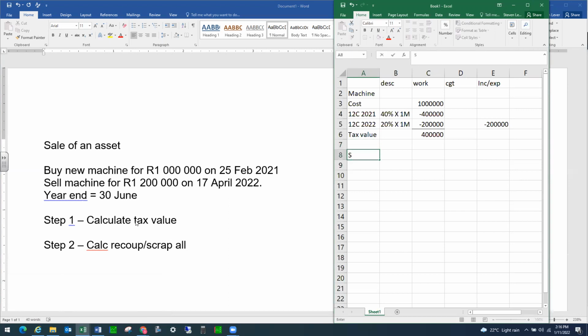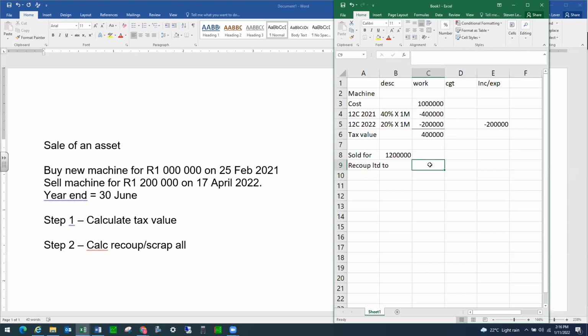Now, sold for 1.2 million, but limited to the amount on which the previous deductions were allowed. So recoupment is limited to, and do you understand that I've only given 400 and 200 in deductions?